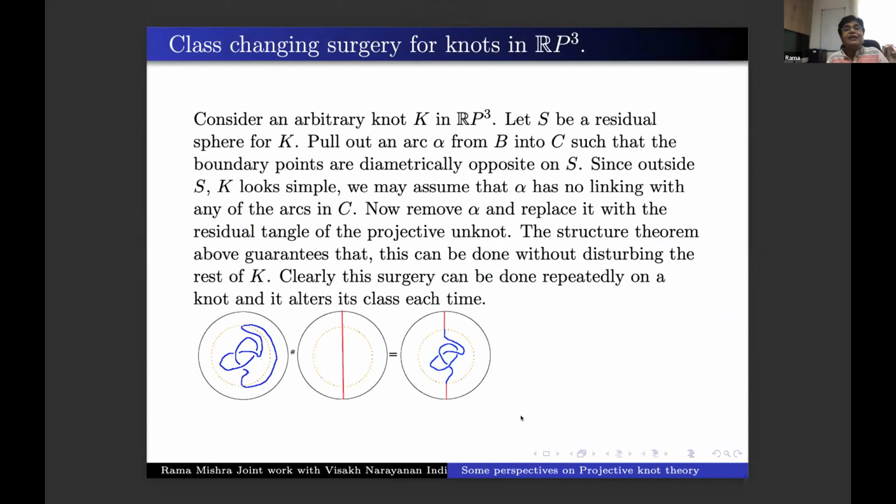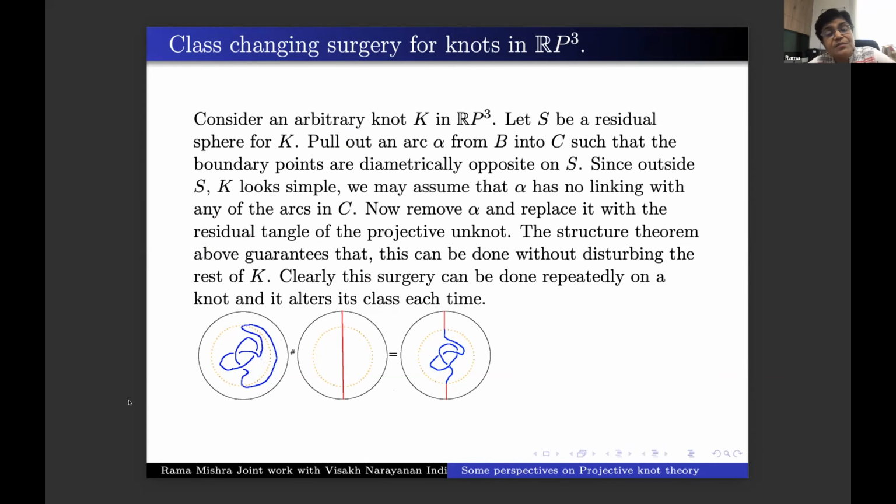So now we have a notion which we call class changing surgery. So basically what we are trying to say is, if you have a diagram there, whether it's affine or whatever, if you add one more projective line to it, so basically you can take the structure of a residual tangle and add one more arc to it somehow, like T1, and if initially it was a class 0 knot, it will end up as a class 1 knot, and the other way around also.